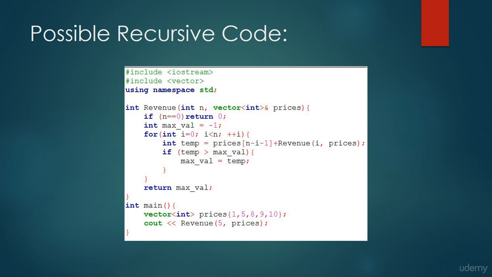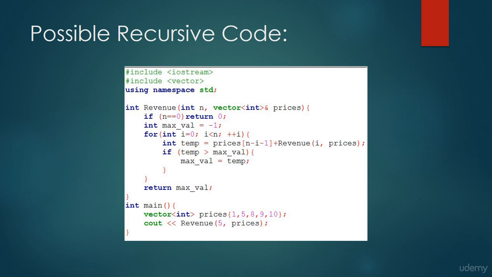And then finally it returns max val. Here I ran a small demo on prices: let's say an object of length 1 can be sold for $1, length 2 for $5, length 3 for 8, 4 for 9, and 5 for 10.